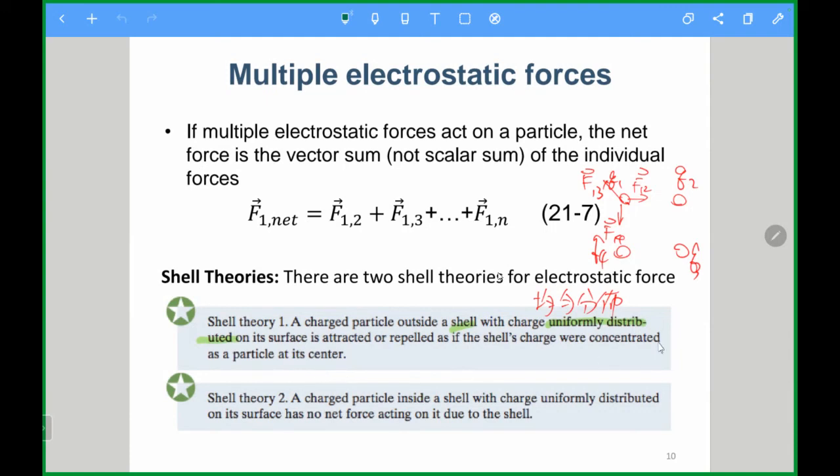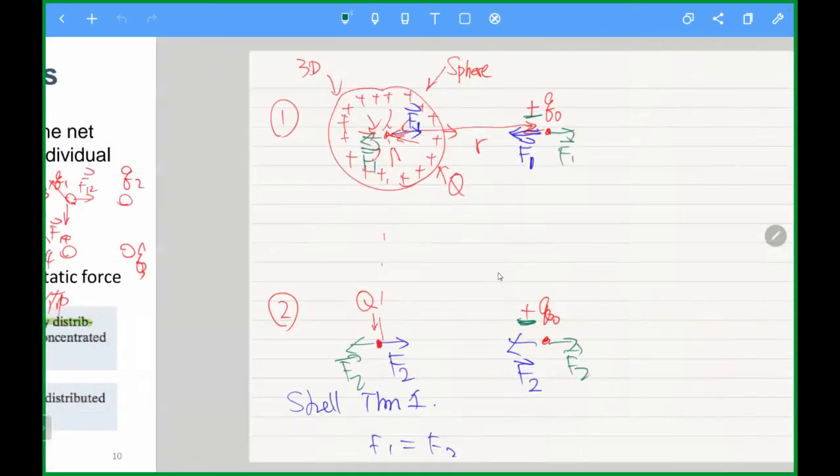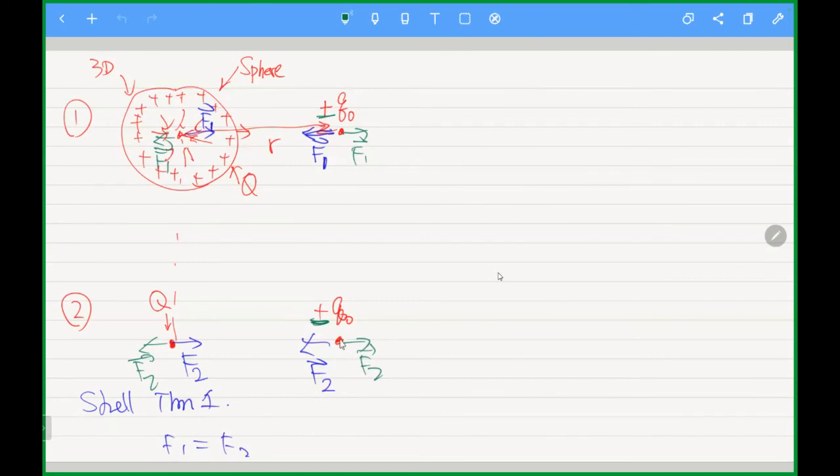So if we put all the charge at the center, it will actually be the same. If you put a charge nearby, the phenomenon will be the same. Okay, so this is shell theorem 1.